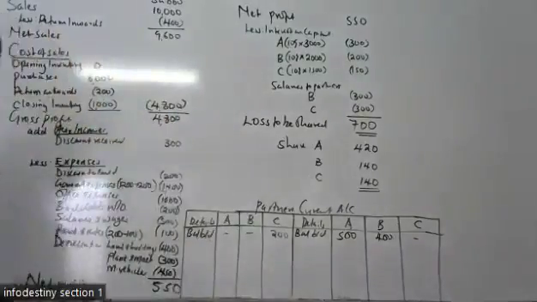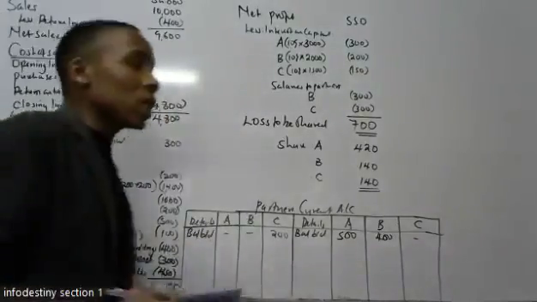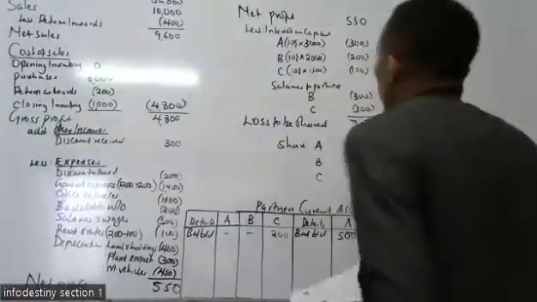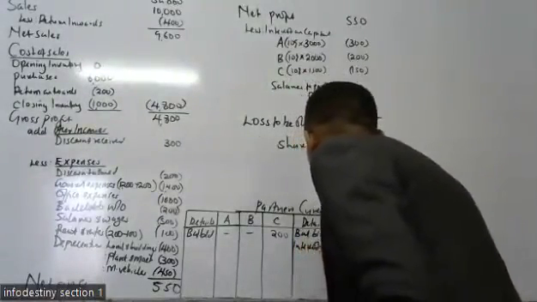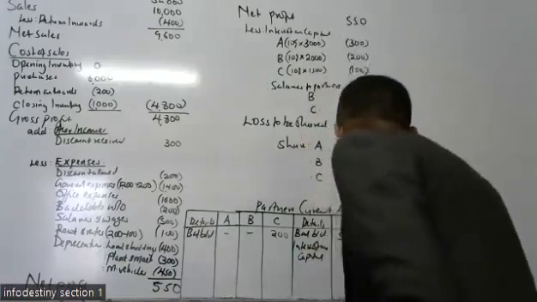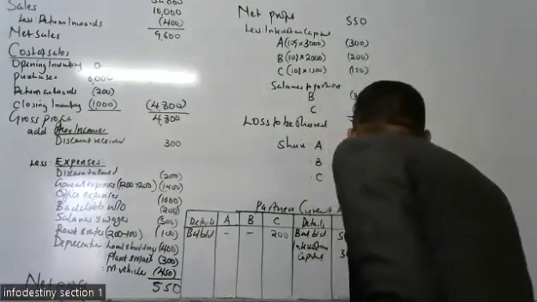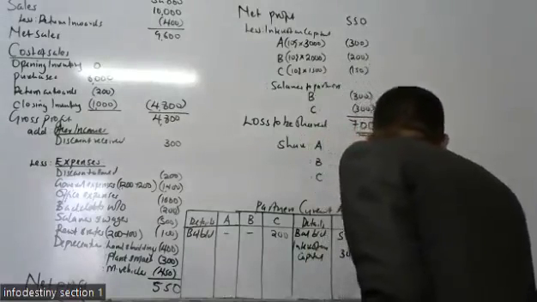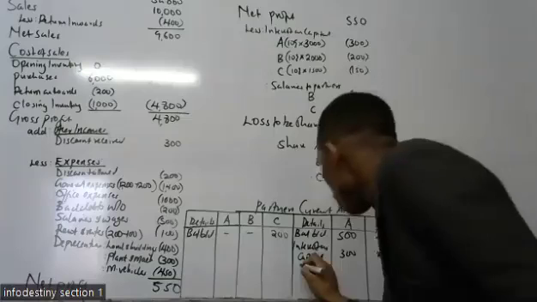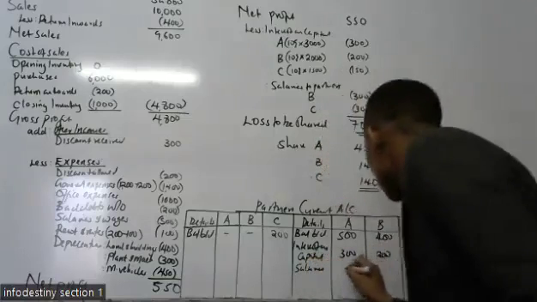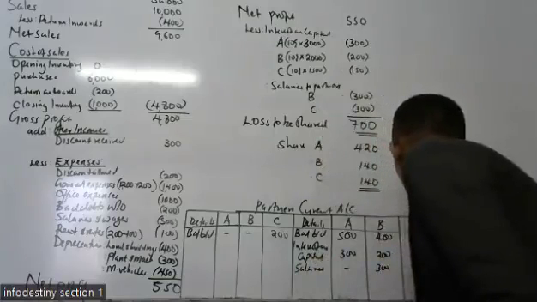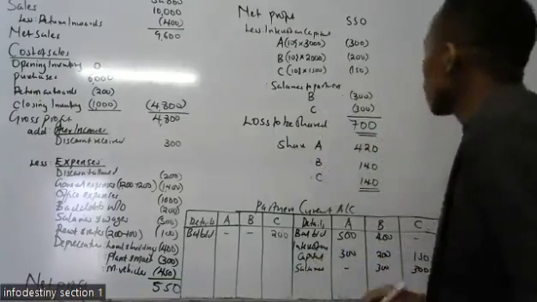Then you credit it with the benefits. The benefits, you have interest on capital of 300, 200, and 150. Then salaries: the partners, Ben, 300, and Carol, 300.